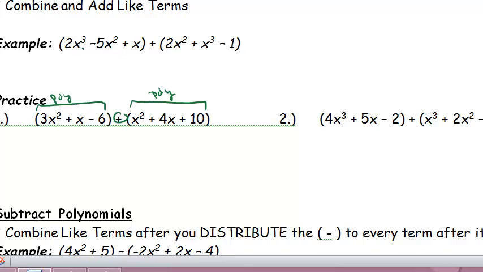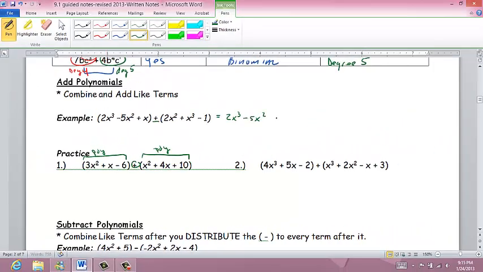So as we look above at this example, we are adding them. Now, once I drop the parentheses, I would get 2x to the third minus 5x squared plus x plus 2x squared plus x to the third minus 1.